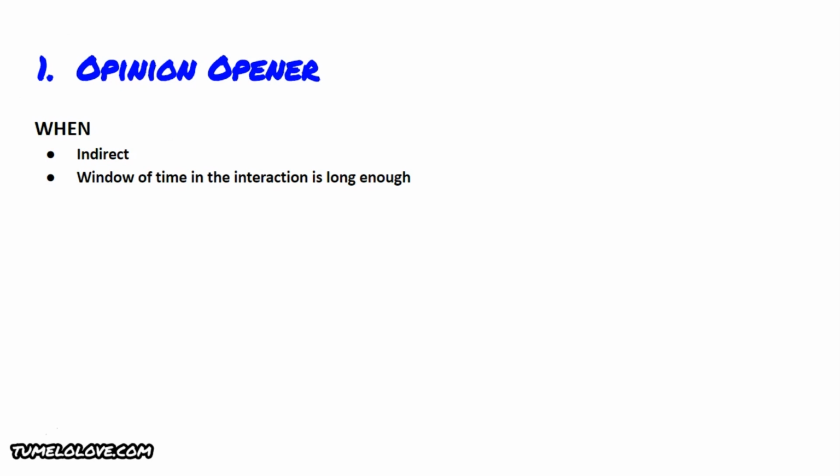What I mean by this is when you're about to approach the girl and you can see by how you've evaluated the situation that you've got time to speak to her, show your personality, and get to know her without having to show your intent too early. So when there's a window of time, you know the girl isn't going anywhere anytime soon. This is a good time to use this opener.